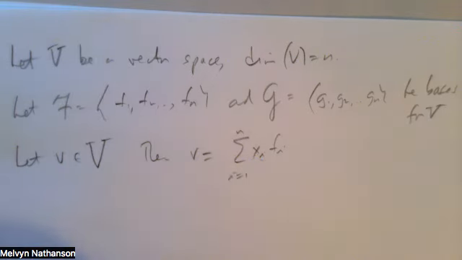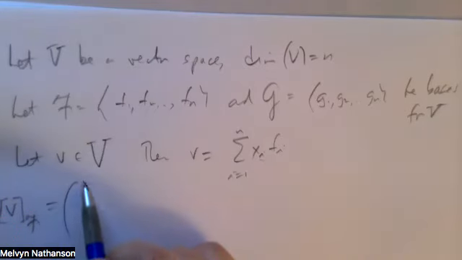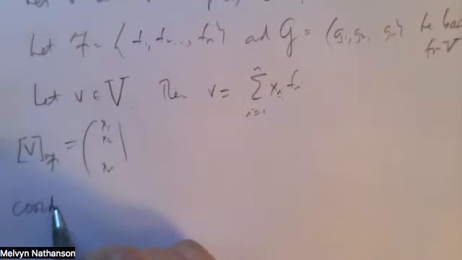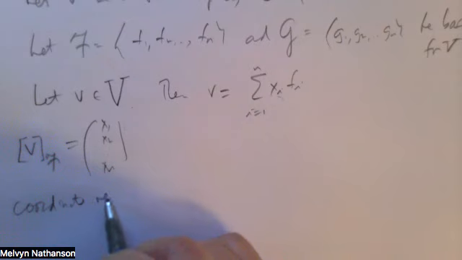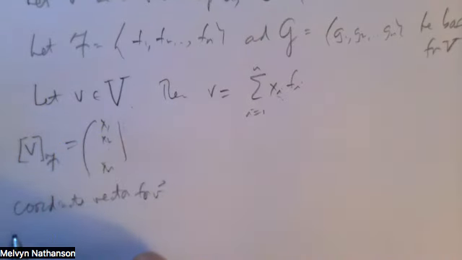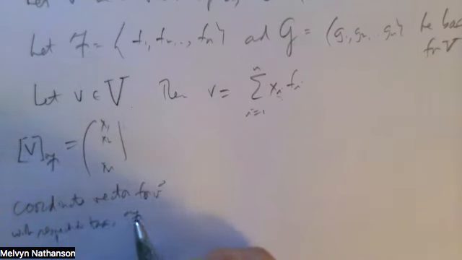And we write the coordinate vector for v with respect to the basis F as this vector x1, x2 down to xn. This is just what it's called, the coordinate vector for v with respect to the basis F.